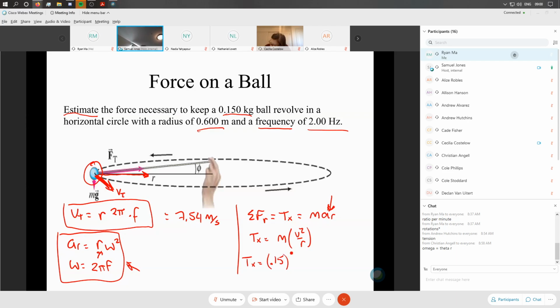We just calculated V. This is why I wanted to calculate V times 7.54 squared over R, which is 0.6. And I get 14 newtons. 14.2 newtons.